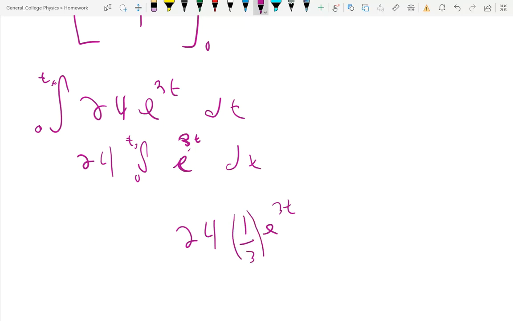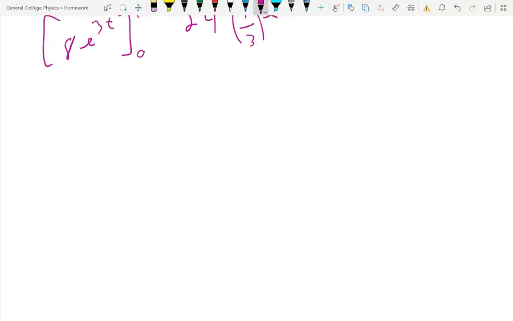You set u equal to 3t, so du is equal to 3 dt, which means dt is du over 3. That's where your over 3 came from. Then you can simplify, which gives you 8e to the 3t, with brackets from 0 to t sub f. So that gives you 8.